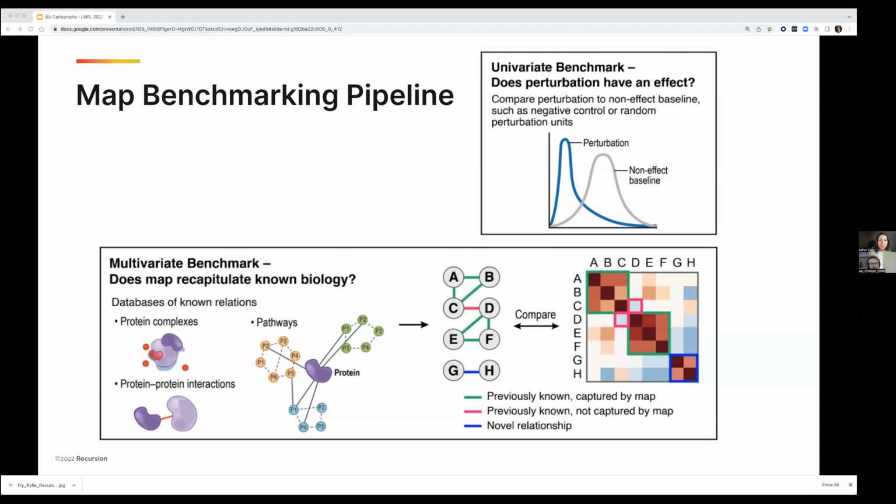There are two main types of data sources we query for these multivariate benchmarks: databases of pairwise relationships and of gene clusters. Pairwise relationships refer to known gene pairs that directly interact in a pairwise manner in a pathway, biological process, or a protein complex. And gene clusters refer to sets of genes, so potentially more than two, involved in a pathway, biological process, or again in a complex.